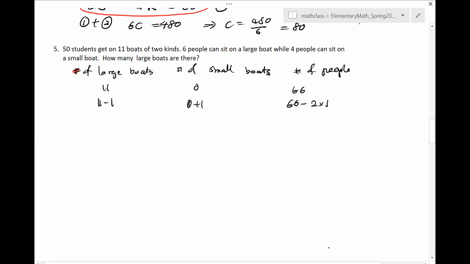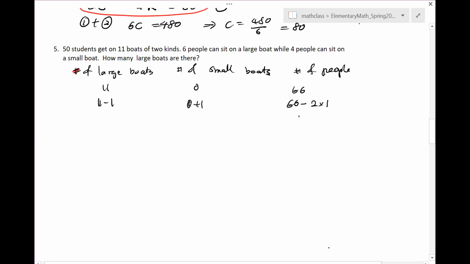You decrease the number of large boats, so 6 people less, but you also get 4 more people on a small boat. So every time you decrease the number of large boats, you decrease the number of students by 2.